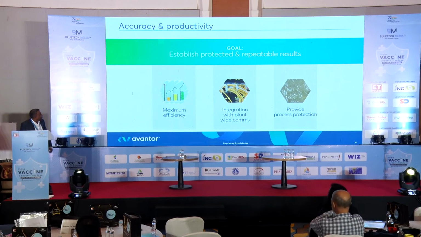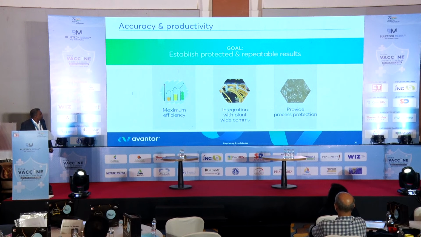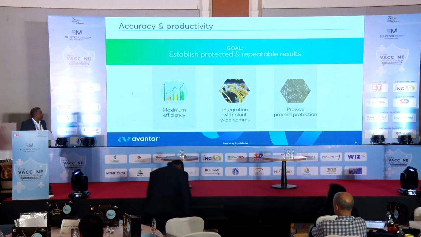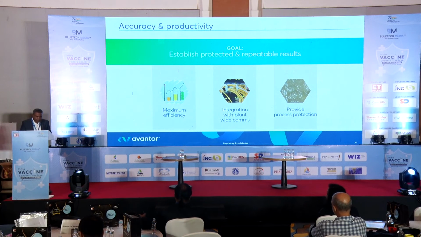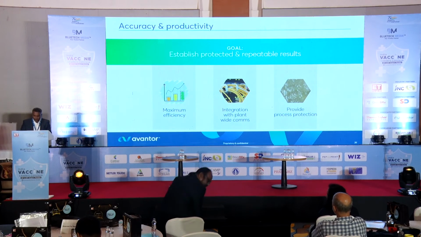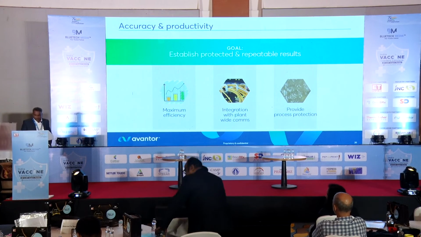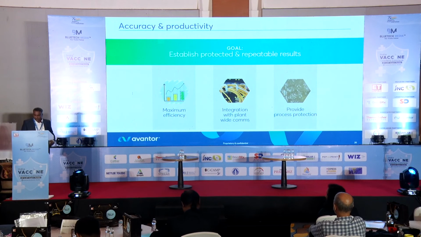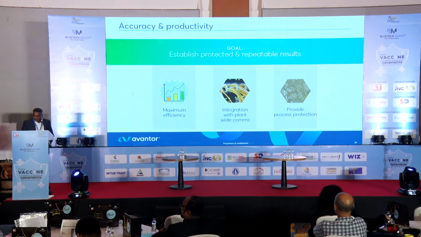We spoke on this Masterflex Live, then accuracy and productivity. Overall our goal is to establish protected and repeatable results. So how can we maximize this? Typically, to improve efficiency, we replace manual time-consuming processes with automated ones.